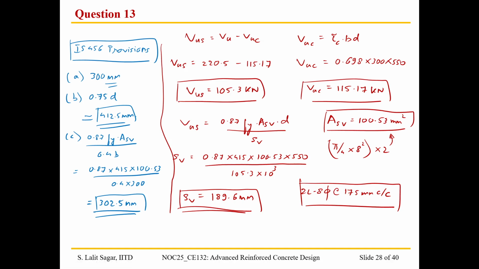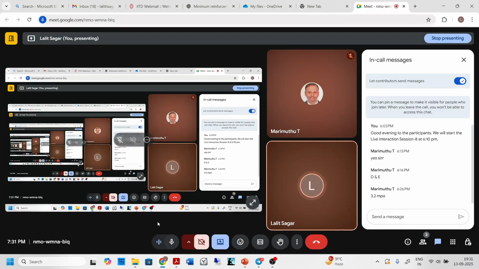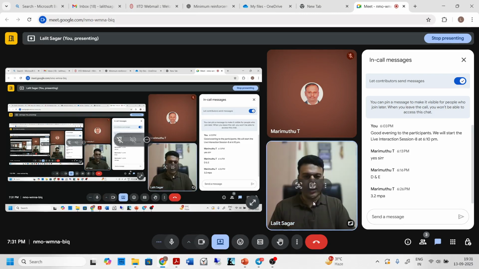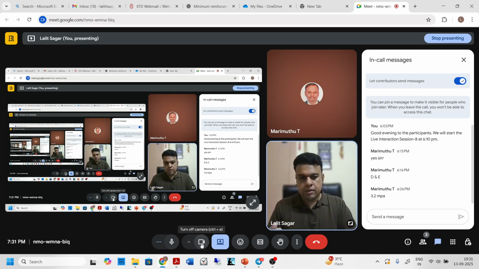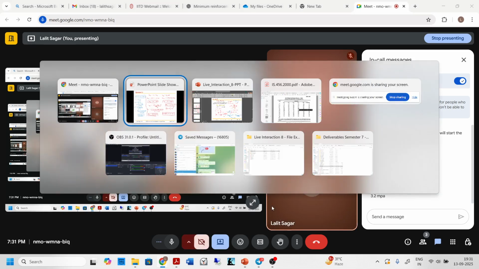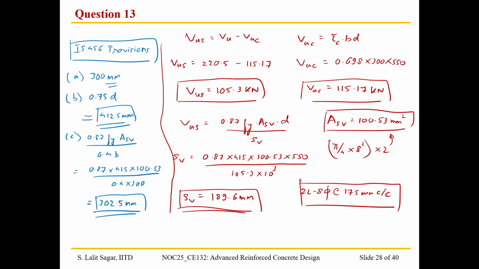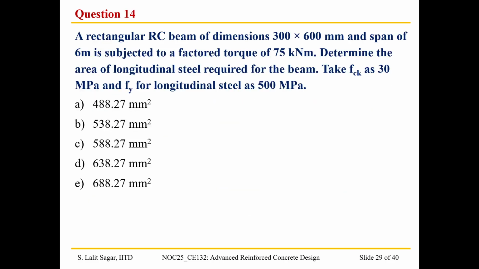Okay. So with that, I think we can proceed to the next question now, because we have another five questions for today. So we have another five design problems for today, and we're going to be looking at some problems on designing for torsion as well. With that, we'll proceed to the next question.